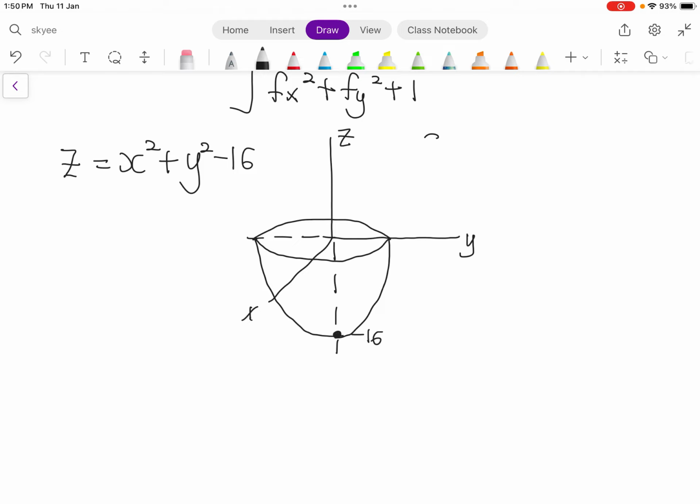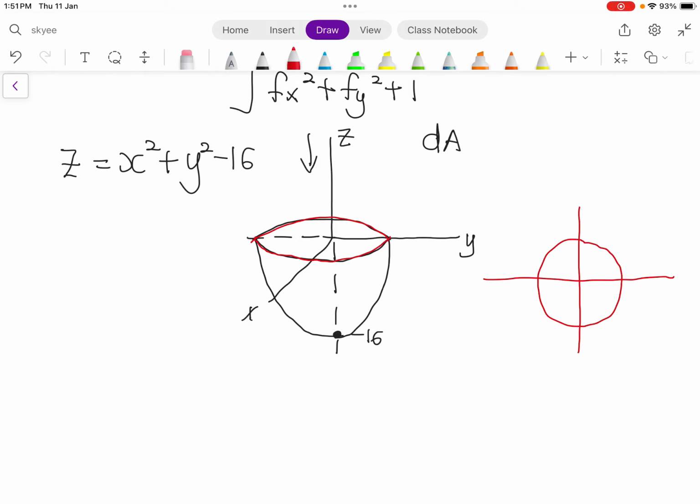If you refer to the dA, this is the xy projection. You will see a circle, a round shape.